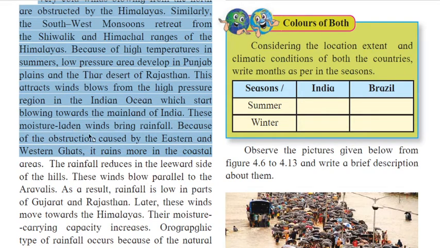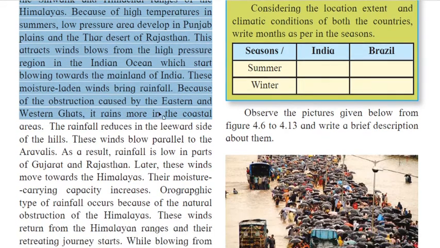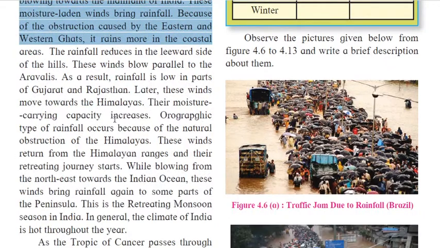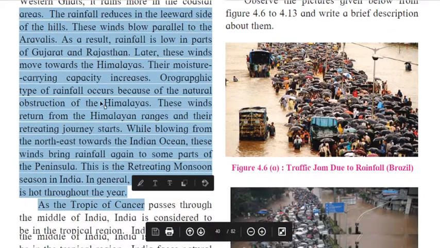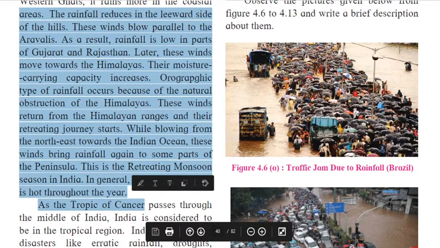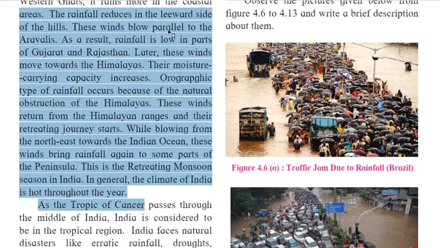These moisture-laden winds bring rainfall because of the obstructions caused by the Eastern and Western Ghats. It rains more in the coastal areas, so the rainfall reduces on the landward sides of the hills. These winds blow parallel to the Aravallis. As a result, rainfall is low in parts of Gujarat and Rajasthan.